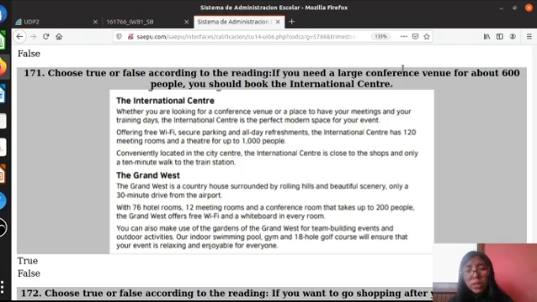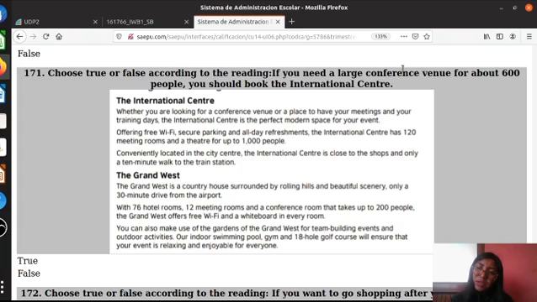The Grand West offers free Wi-Fi and a whiteboard in every room. You can also make use of the gardens of the Grand West for team building events and outdoor activities. Outdoor swimming pool, gym, and 18-hole golf course will ensure that your event is relaxing and enjoyable for everyone.